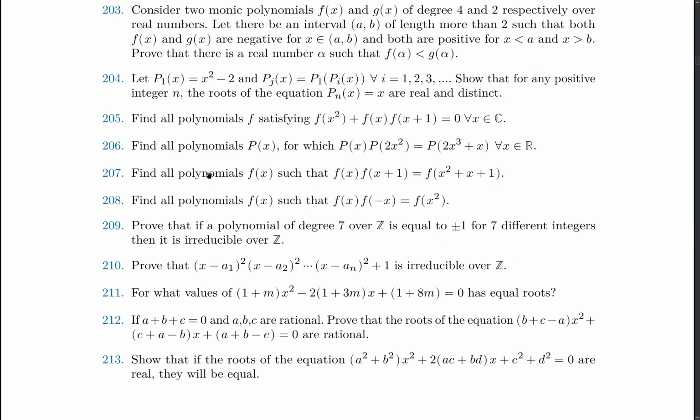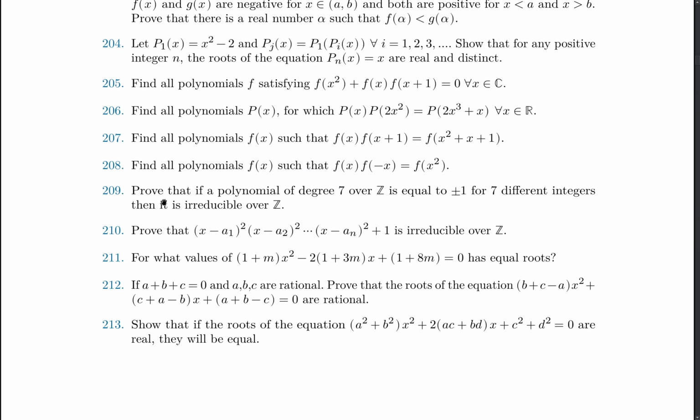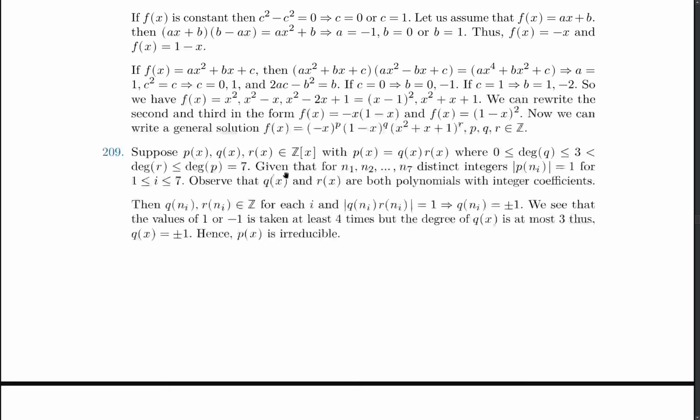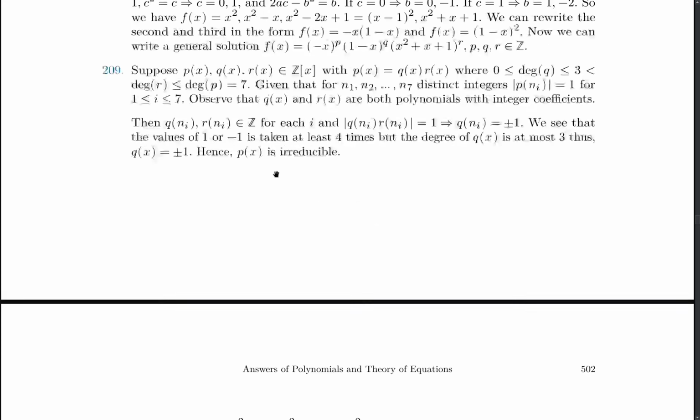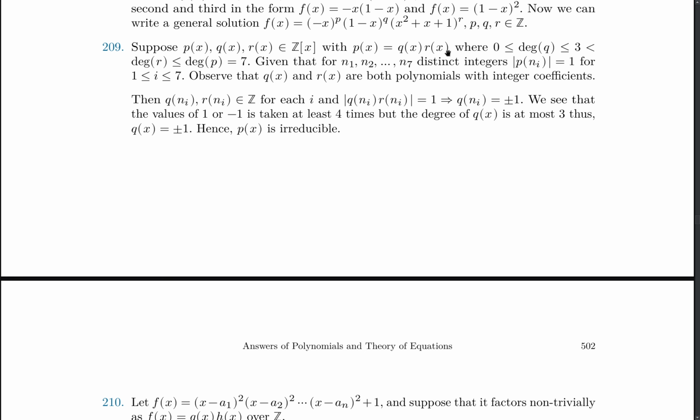Now question 209 says: prove that if a polynomial of degree 7 over Z is equal to plus or minus 1 for 7 different integers, then it is irreducible over Z. So suppose p of x, q of x, r of x belong to Z with p of x equal to q of x times r of x.